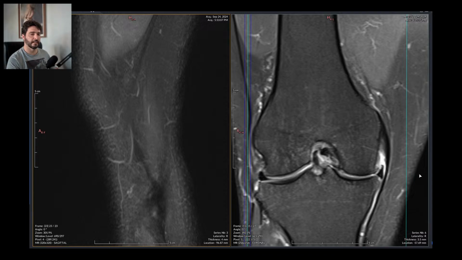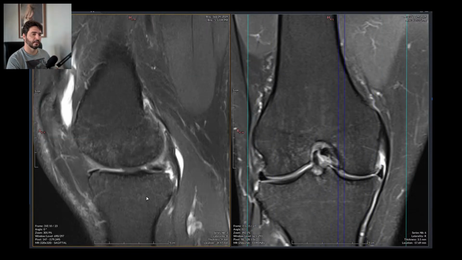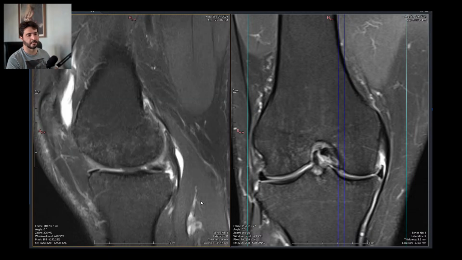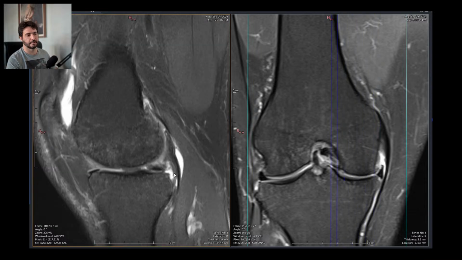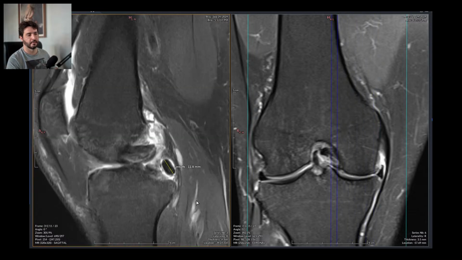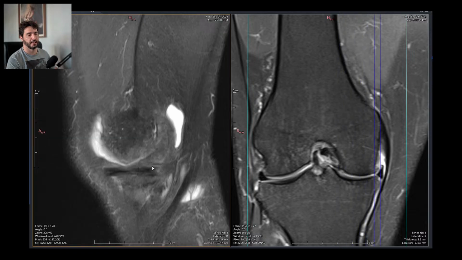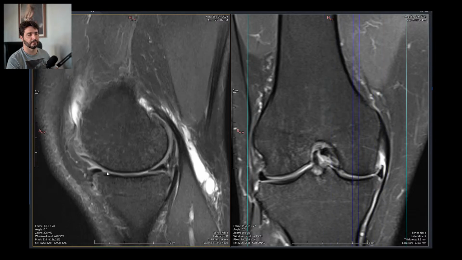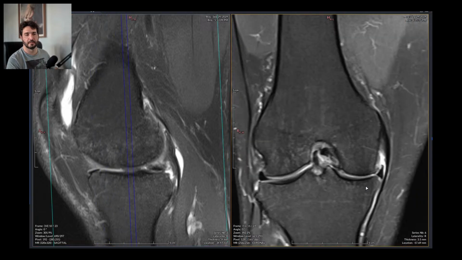On the other hand, let's see the medial meniscus right there. There are some irregularities and heterogeneous signal on the posterior horn of the meniscus, and it seems it's kind of thinned. It's a bit deformed on its body.